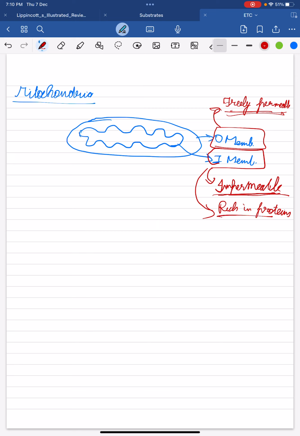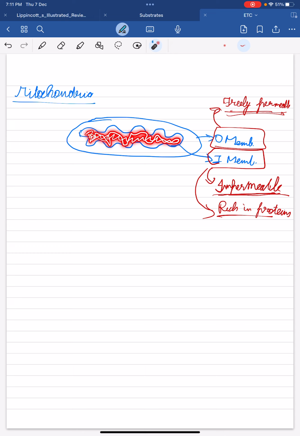All right. So coming to the matrix. Matrix is the part inside of this mitochondria, which would be this space.